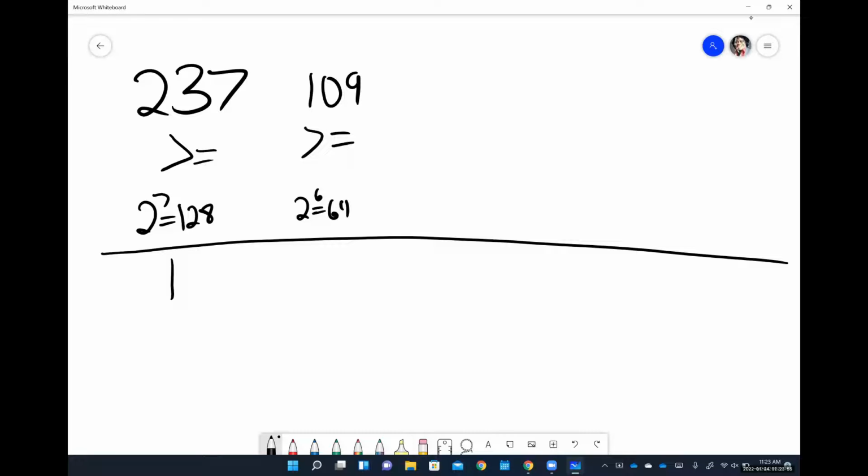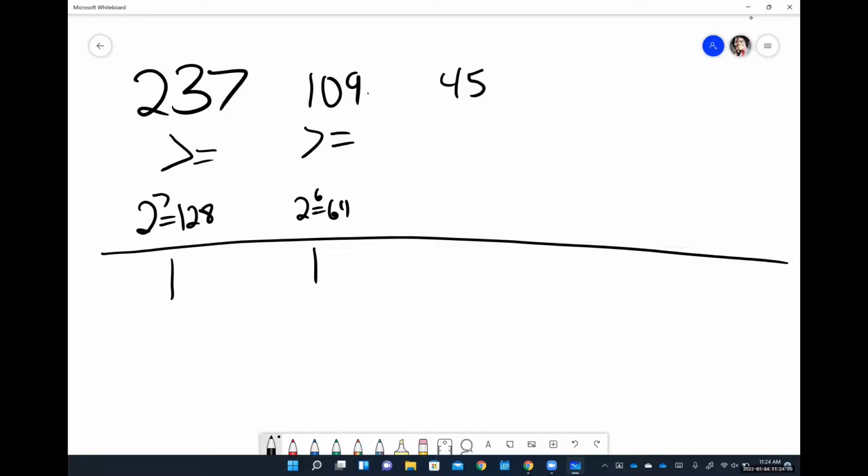Is our new number greater than or equal to 64? It's greater than. We bring down a 1. Subtract 64. And that new number is 45.